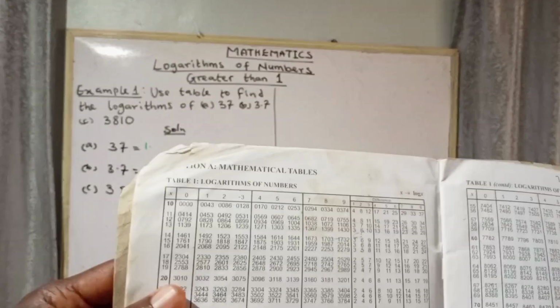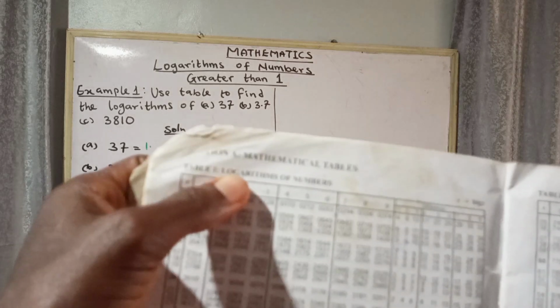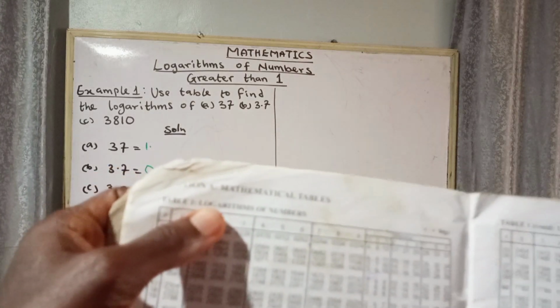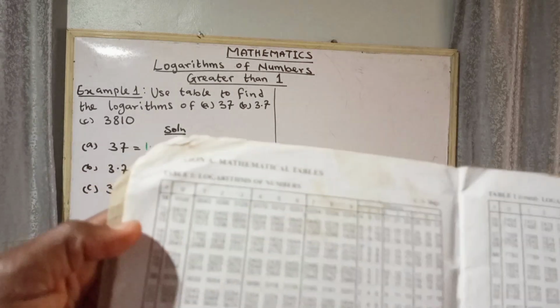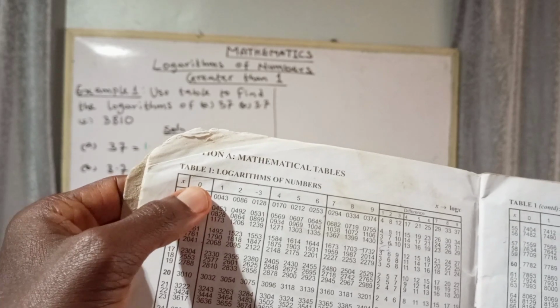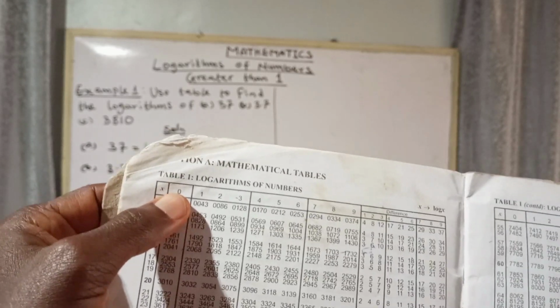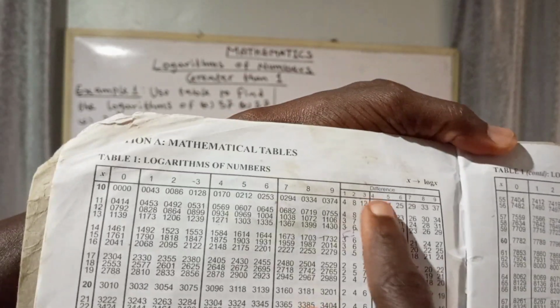If you look up here, we have logarithms of numbers. Then we want to check for 37 under 0. We have x value here, then we have 0, 1, 2, 3 to 9. Then we have another one here, they call it differences.